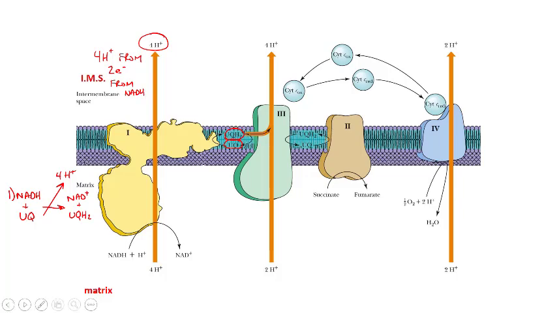Okay? So what I mean by that is that in the process of oxidizing NADH and reducing coenzyme Q, we generate enough energy that the enzyme can physically translocate 4 protons across the bilayer into the intermembrane space. So in other words, complex 1 is both an enzyme and also a transporter.